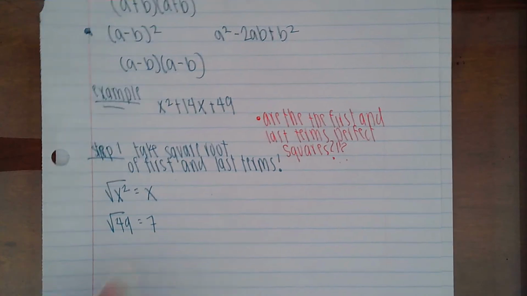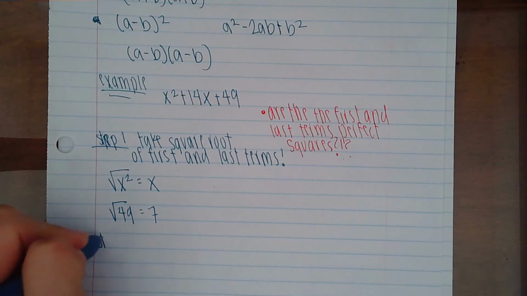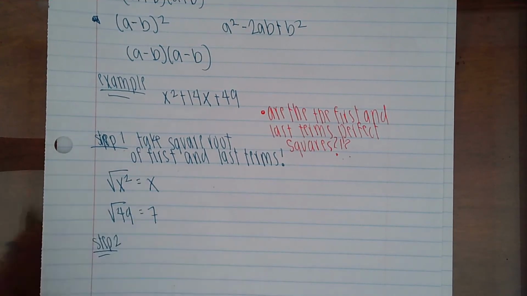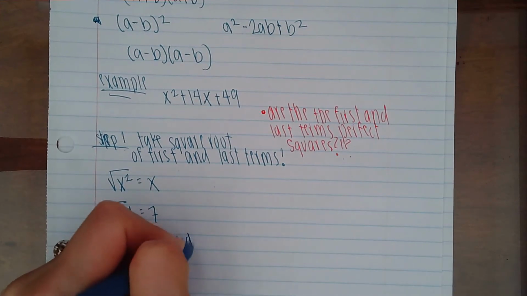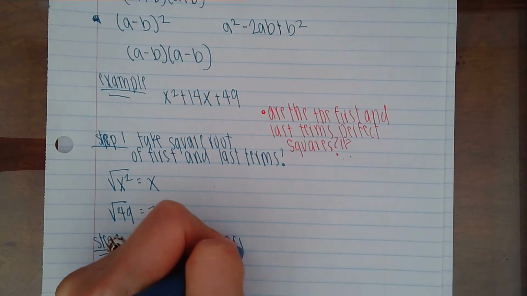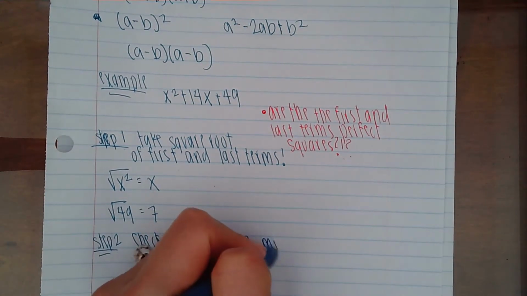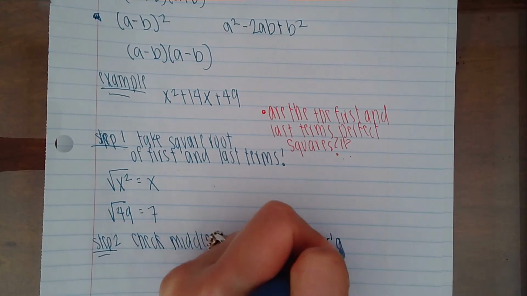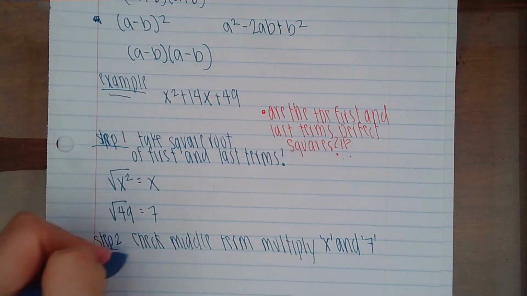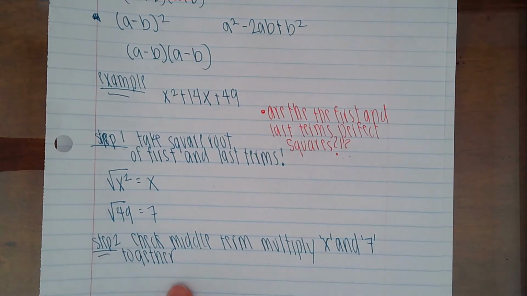So now, step number 2, check the middle term. Multiply your square roots, x and 7 together, and times them by 2.